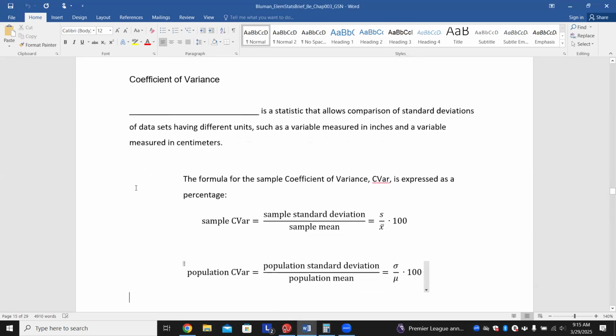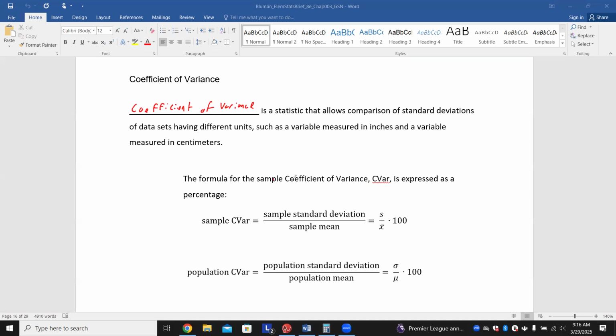All right, so let's talk about our coefficients of variance. Our coefficient of variance is a statistic that allows comparison of standard deviations of data sets having different units, such as a variable measured in inches and a variable measured in centimeters.